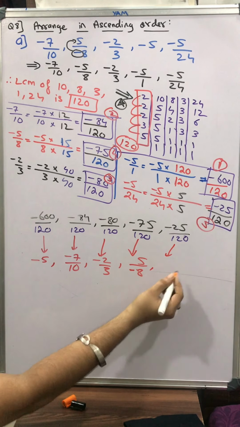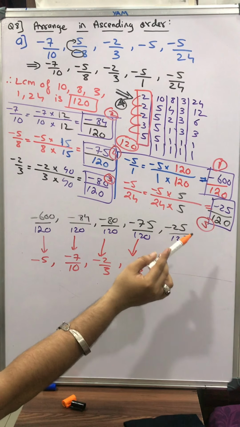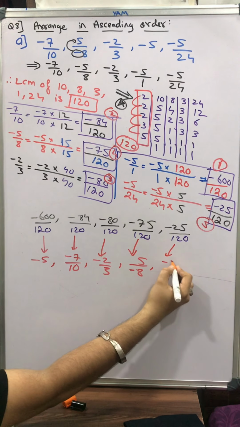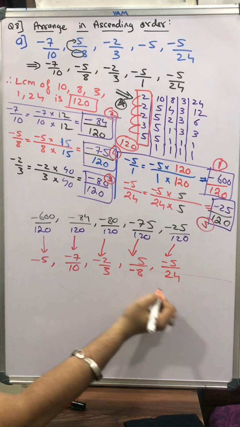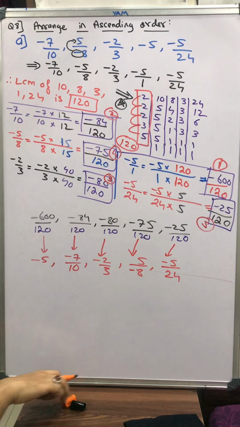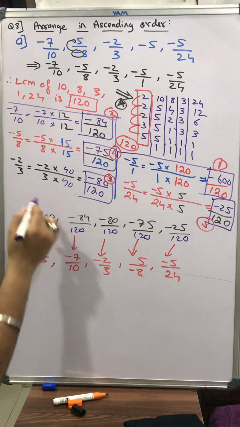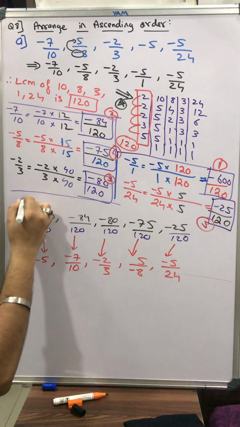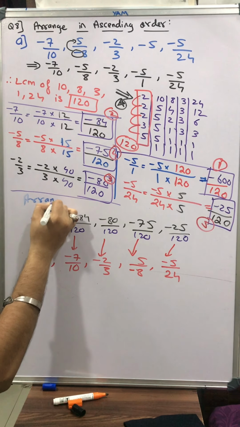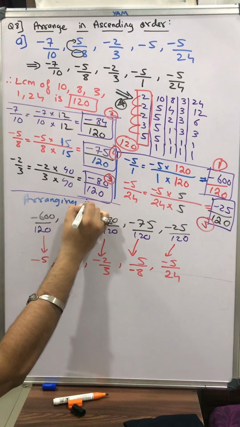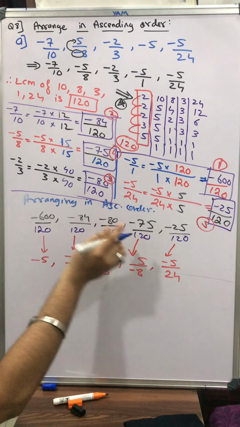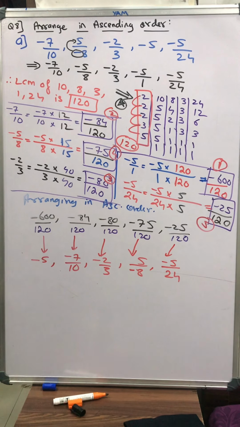The last one is this fifth one, minus 25 upon 120. This is from minus 5 upon 24. So students, this is our order. And of course, I forgot to write one thing. After completing this, we have to write here that arranging in ascending order. Leave a line and then proceed. Present it very well.